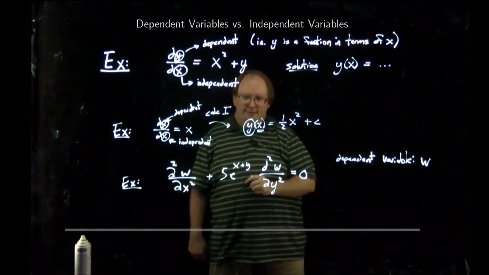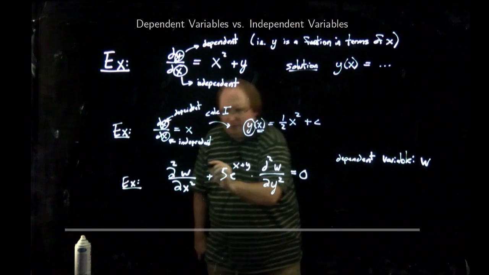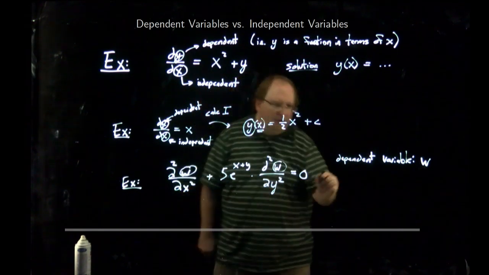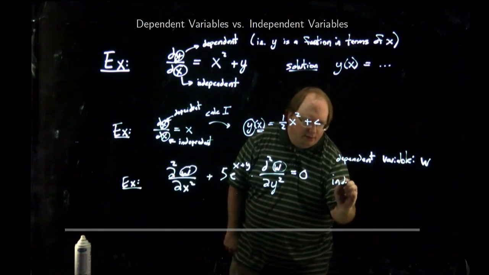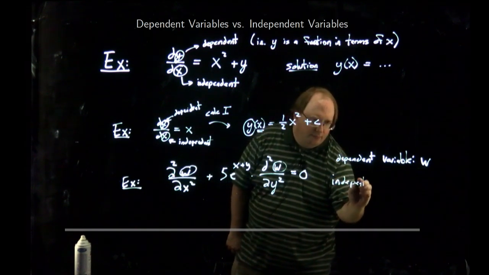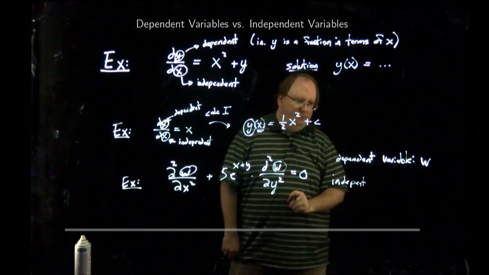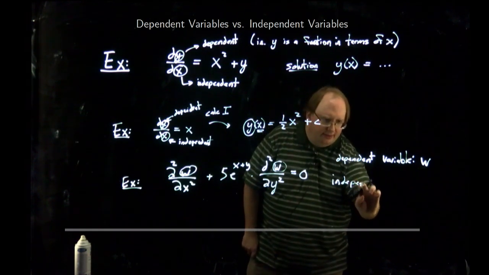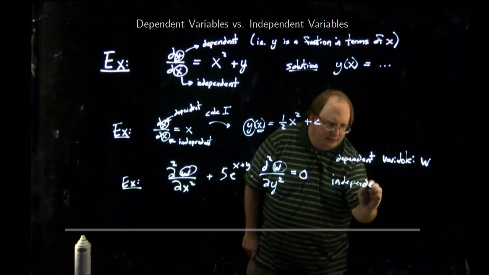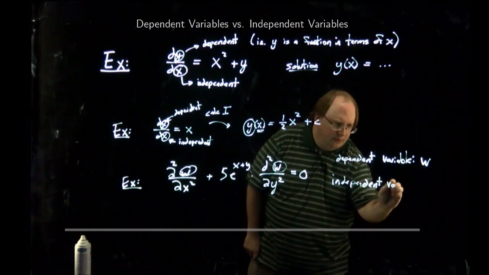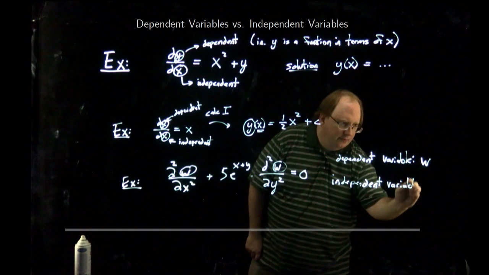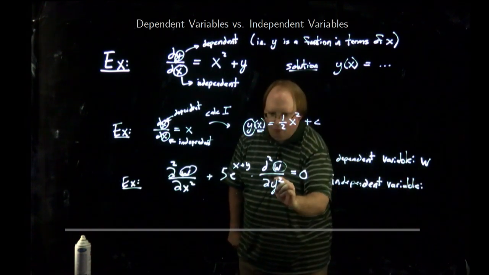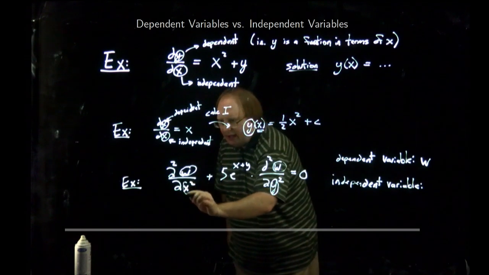So that's our dependent. And our independent variable, we're going to actually have two of these. We're going to have y, and we're going to have x.